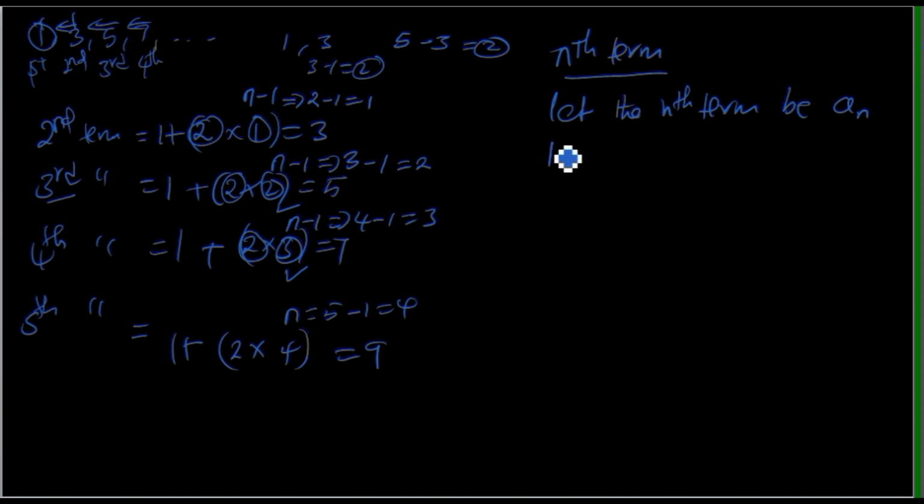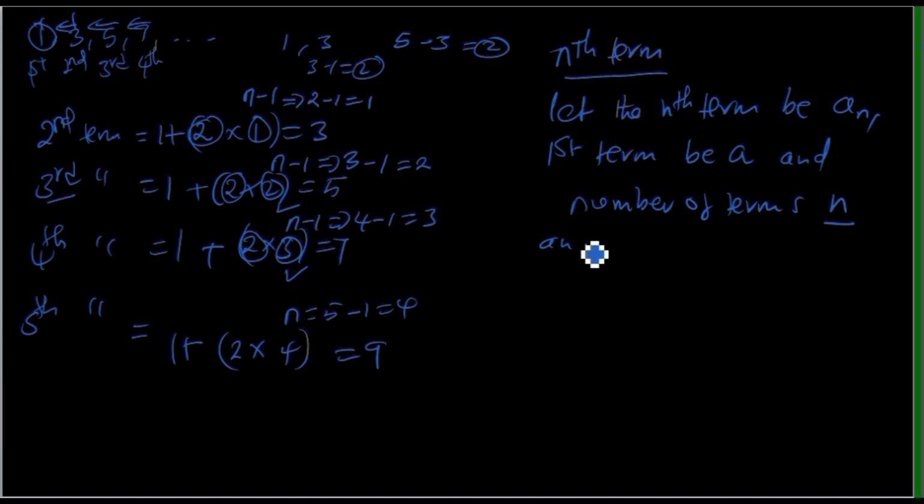Then the first term, let it be letter A, and then number of terms, let it be denoted by n. Let number of terms be denoted by n, and then let the common difference be denoted by letter D.